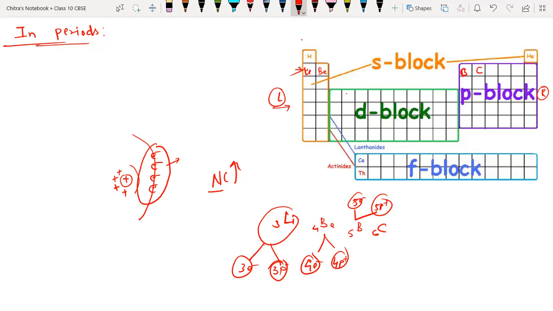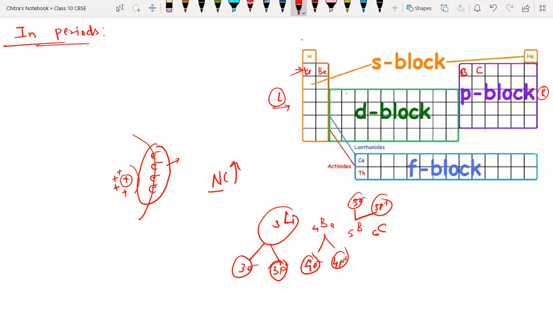Yes, it does. We will understand that in the next trend, metallic character, where we decide the character and properties of an element. We will discuss that one by one. So if the atomic radius is larger, then are all the textures of the elements placed in one group? No, not like that.